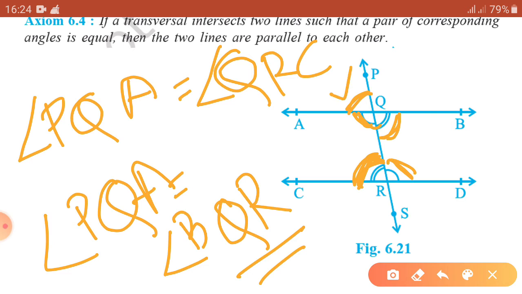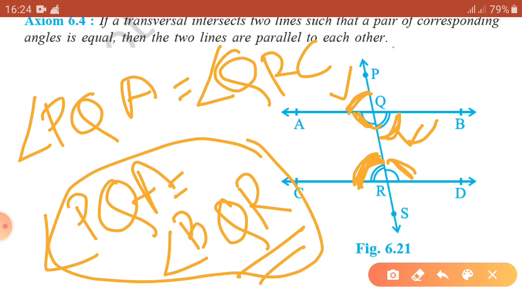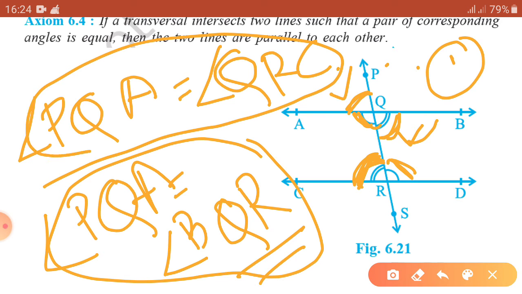PQA means this angle, and BQR means this angle. Obviously, we can say that PQA equals BQR.